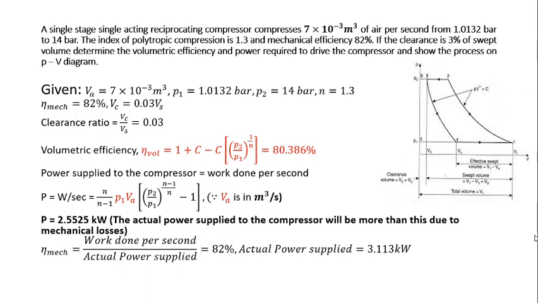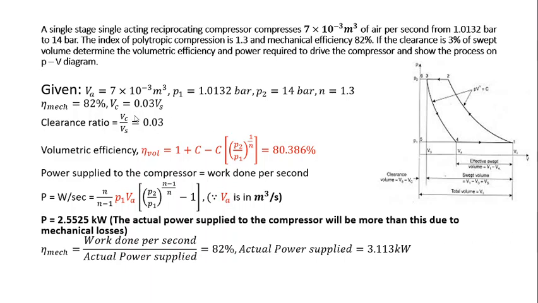The index of polytropic compression is 1.3 and mechanical efficiency 82%. If the clearance is 3% of swept volume, determine the volumetric efficiency and power required to drive the compressor and show the process on a PV diagram. So this is the question.